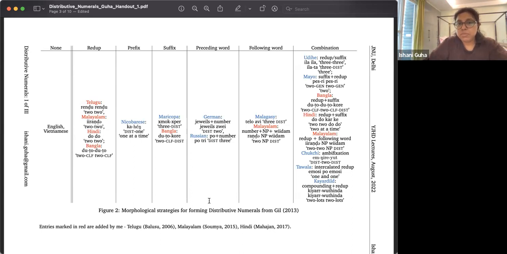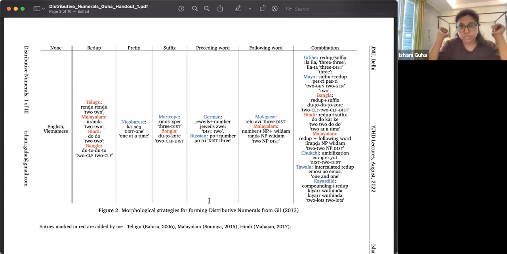And my special purpose to highlight this part is to bring into focus that usually when people study distributive numerals, people do not pay attention to this variation, that languages could have more than one strategy and they could even combine them, right?